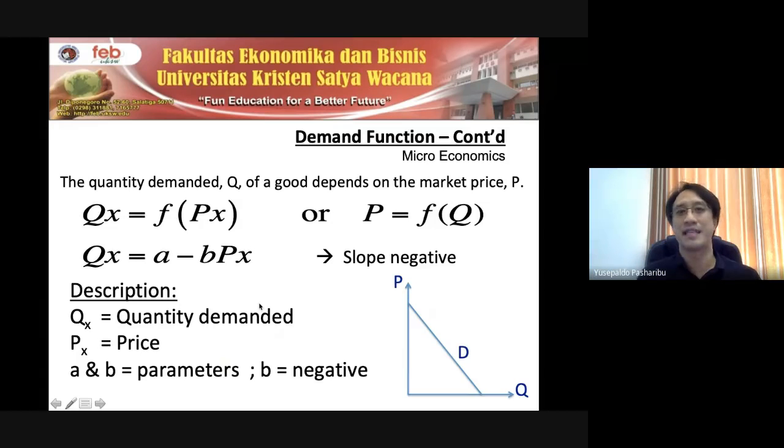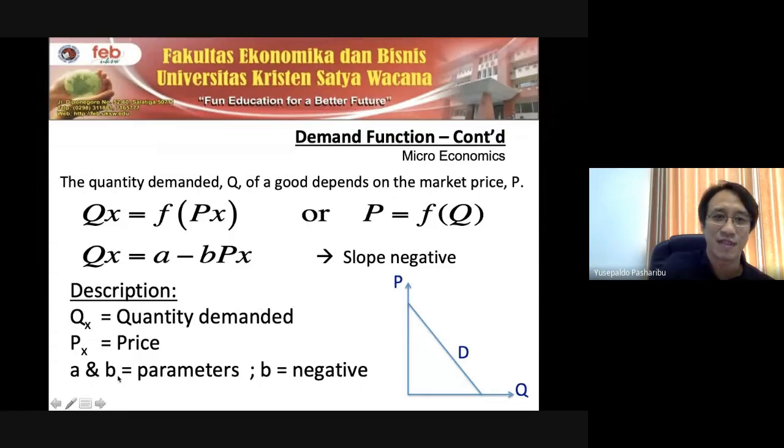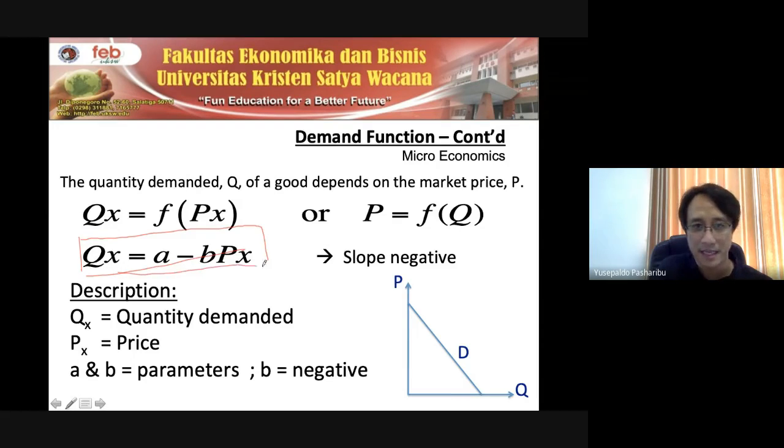The quantity demanded of a good depends on the market price. That's why the form of the linear equation for quantity demanded is Qx = A - B Px.